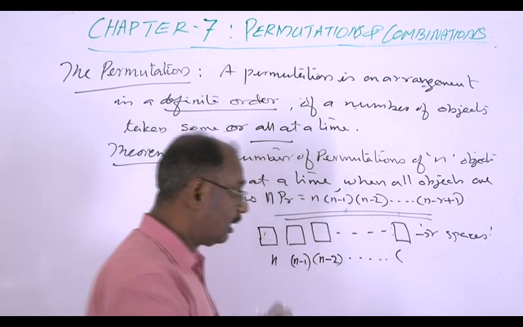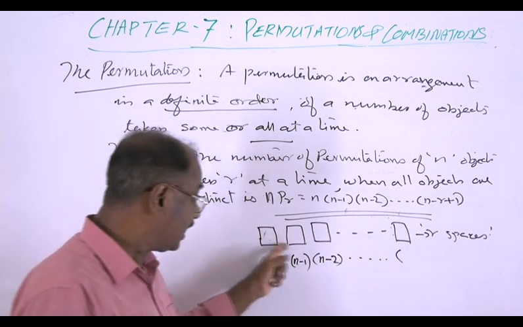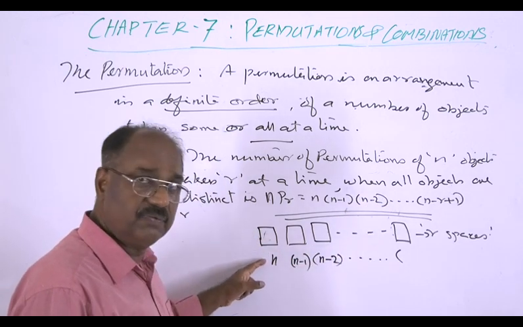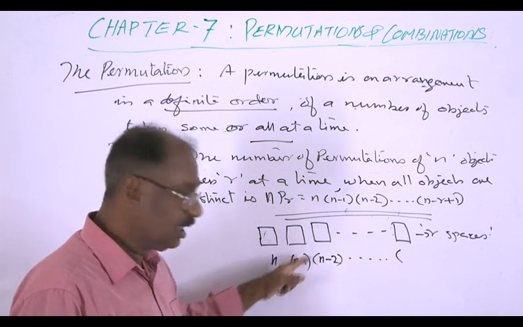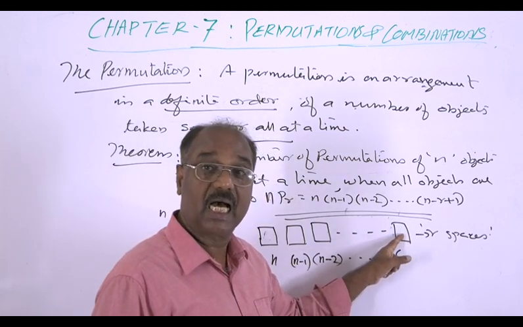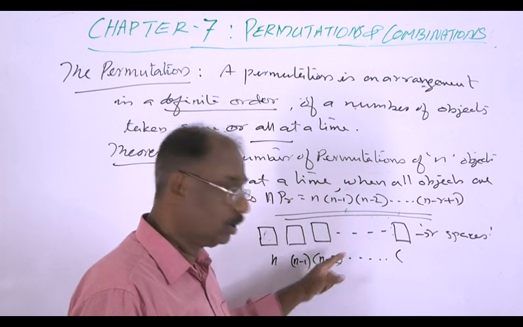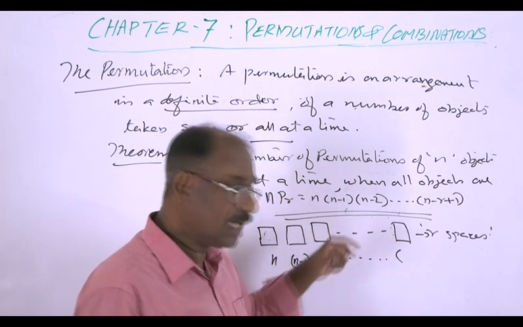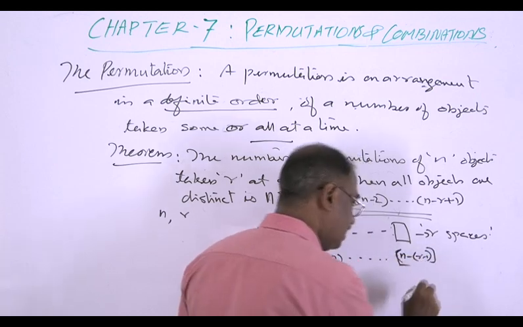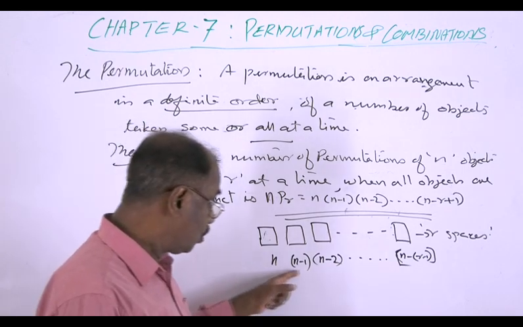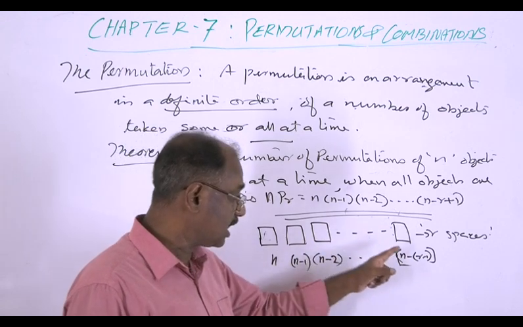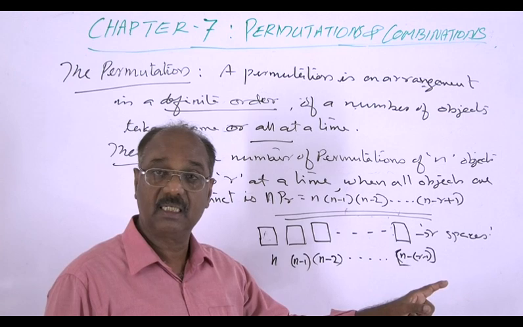The last, rth space: the first is filled in n ways, the second in n minus 1, the third in n minus 2, and the rth in n minus r plus 1 ways. Therefore, all the r spaces can be filled in n into n minus 1 into n minus 2 into etc. into n minus r plus 1 distinct, different ways.